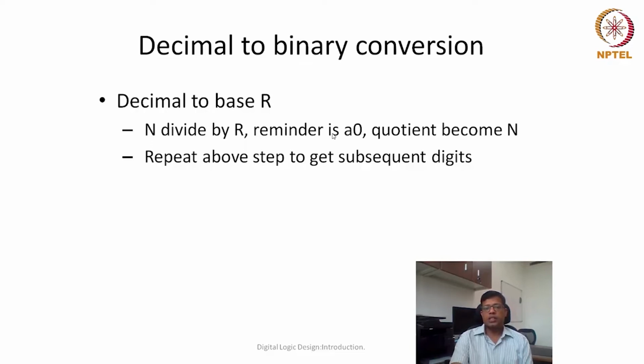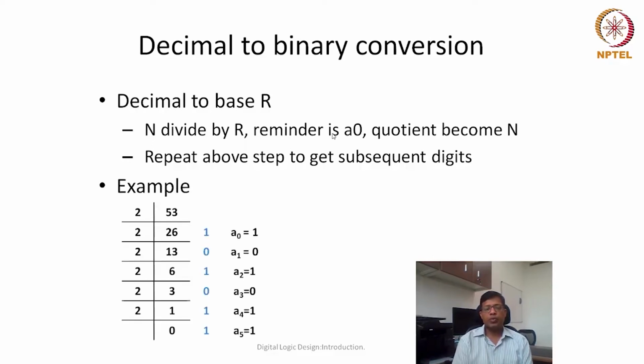Let's see this with an example so that we can understand it better. Let us say we have the number 53, which is represented in decimal. Now we would like to convert it to binary. Because it is binary, the base is 2, so we have to divide this number by 2 every time.